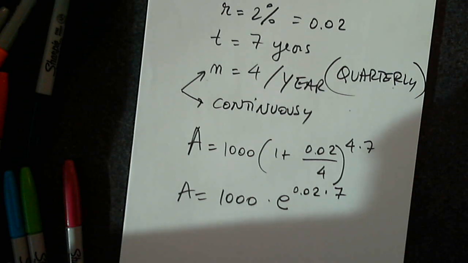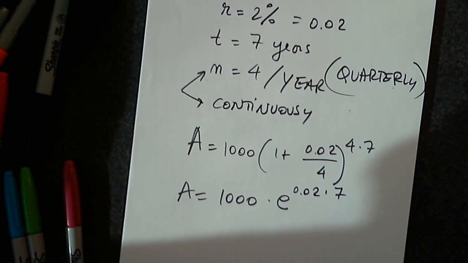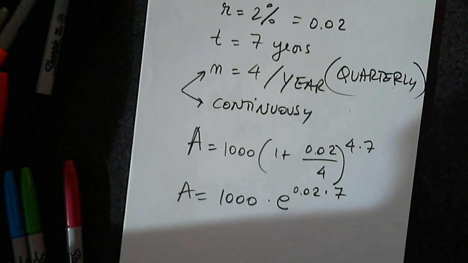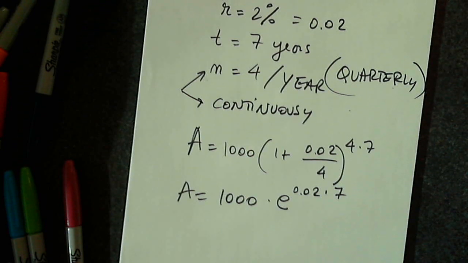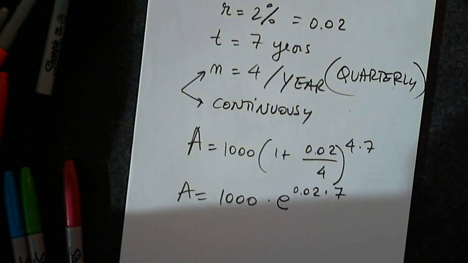And when we repeat for continuously compound interest, E in parentheses, we have the interest 0.02. Just want to make sure that I wrote R, not N. Yes. Okay. So 0.02 multiplied by 7. Close the parenthesis and press enter.